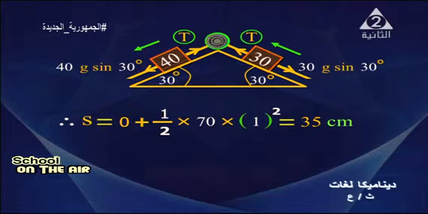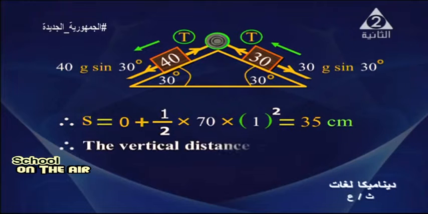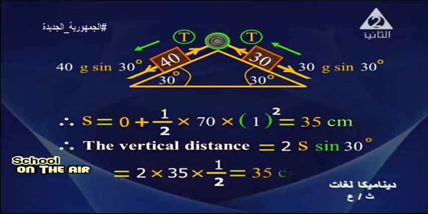Then what is the vertical distance between the two bodies? The vertical distance equals 2s sine 30, which equals 2 times 35 times half. Then the vertical distance between the two bodies equals 35 centimeter.